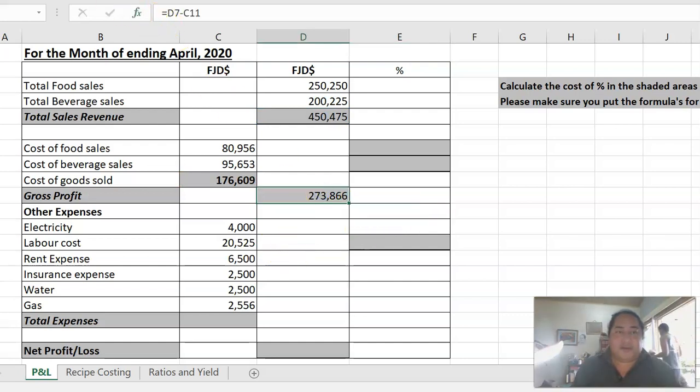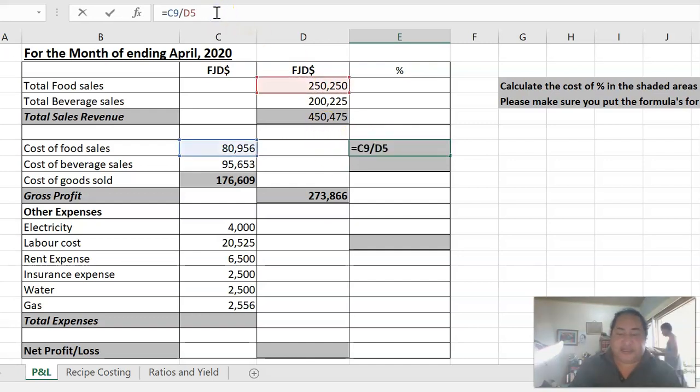Now let's look at the percentage. It's cost of food sales over total food sales times 100 over 1. So it's equals cost of food sales divided by total food sales. You can press enter, but it'll give you a decimal value. We don't want that.